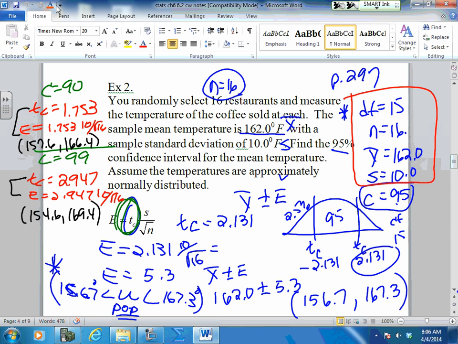Okay, so watch. You guys need to remember this. As your confidence increases, we went from a 90, this guy, to a 95, this one, to a 99, this one. What happened to your confidence interval? It widens. Good. As your confidence increases, it widens.